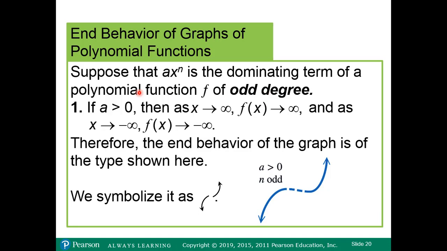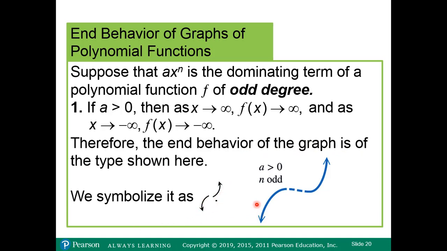If a is greater than 0, then as x approaches positive infinity, so does the function. And as x approaches negative infinity, so does the function. So as x goes to negative infinity, so does y, or f of x. Therefore, the end behavior of the graph is going to be of this type.